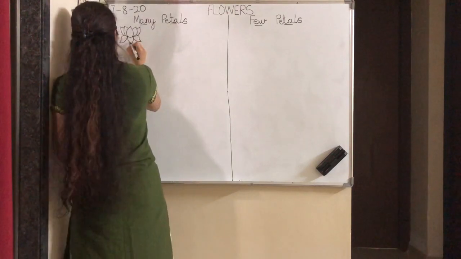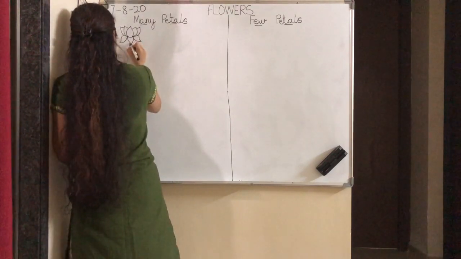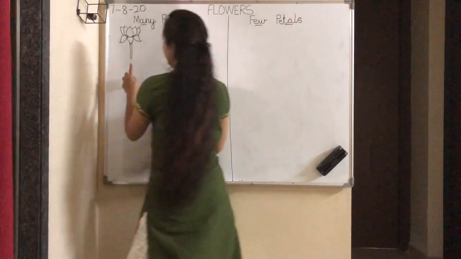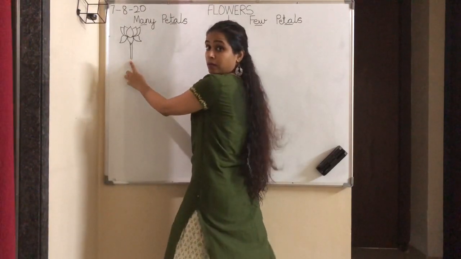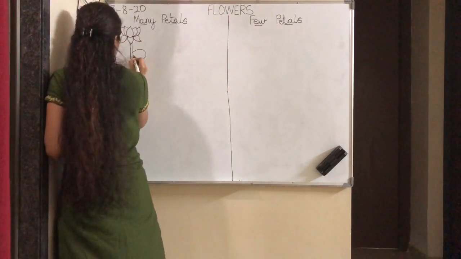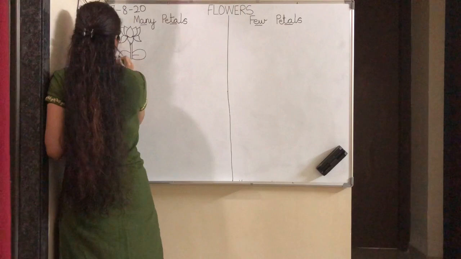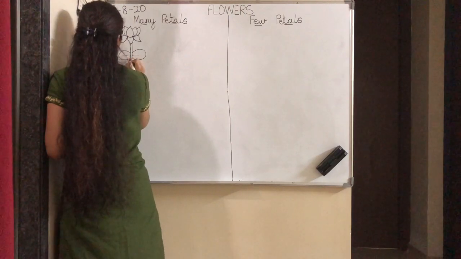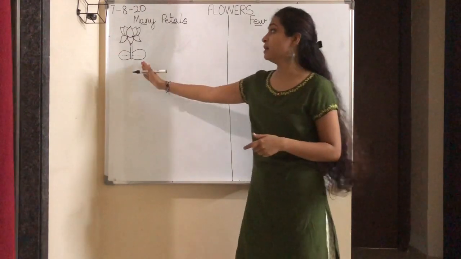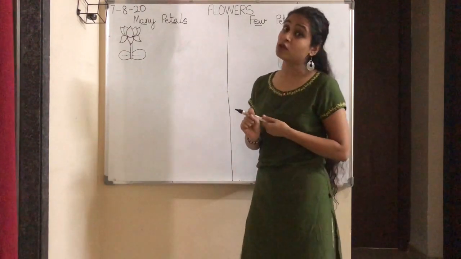Then you draw the stem of the lotus. Like this. And then you draw the big leaves. This is a lotus. What is this? Lotus.